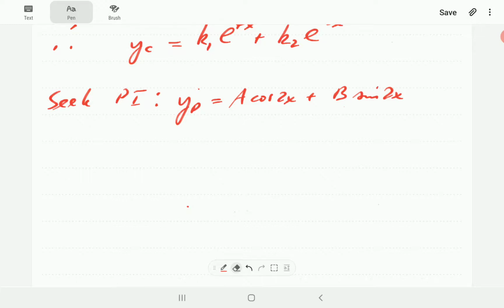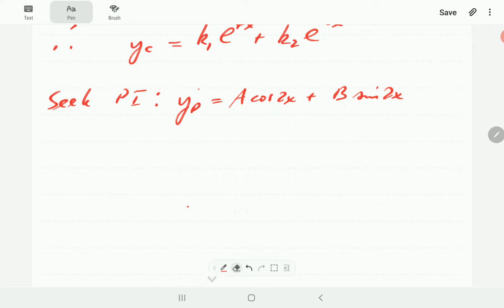One is shifted by pi on 2 of the other. Besides, if you differentiate this, you get this. If you differentiate this, you get the other one, or the negative of it.